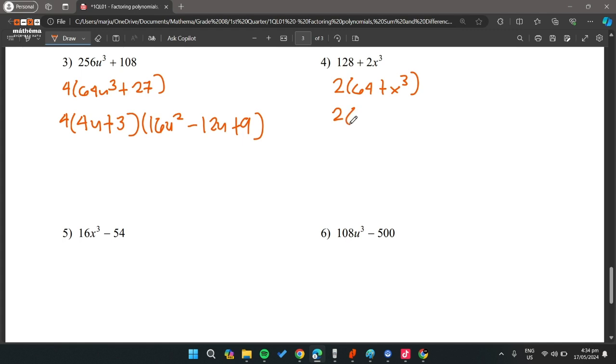We have 2 times the quantity of the cube root of 64, which is 4, plus the cube root of x cubed, which is x, times 4 squared, which is 16, minus 4 times x, 4x, plus x squared. And that will be again our answer for number 4.